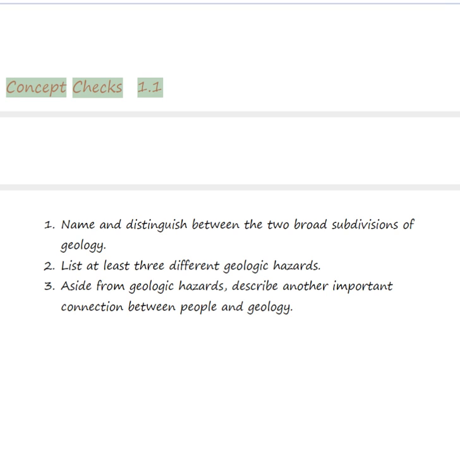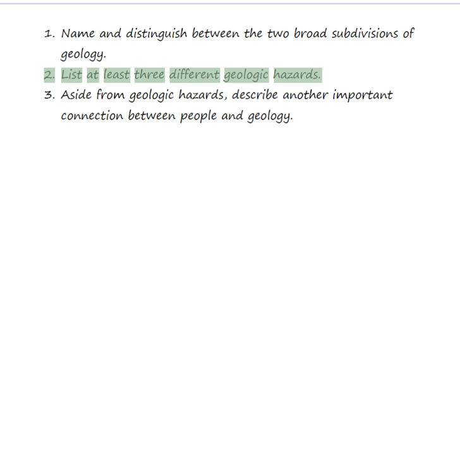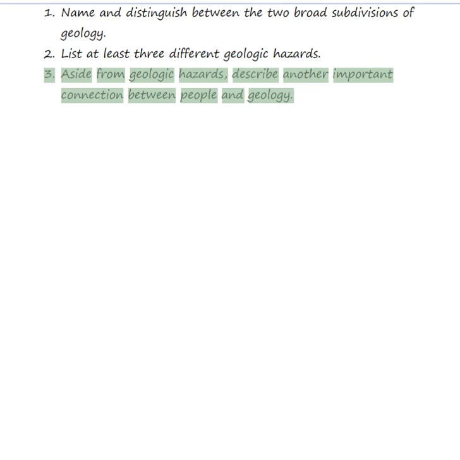Concept checks 1.1. 1. Name and distinguish between the two broad subdivisions of geology. 2. List at least 3 different geologic hazards. 3. Aside from geologic hazards, describe another important connection between people and geology.